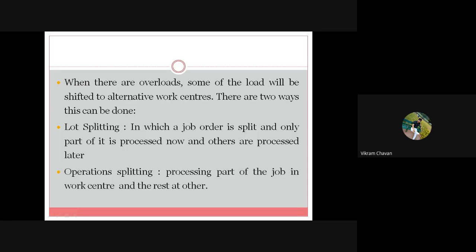Akash, after a long time, you are attending the lectures. 77, present. 78, 79, 80, 81, 82. Anybody else?